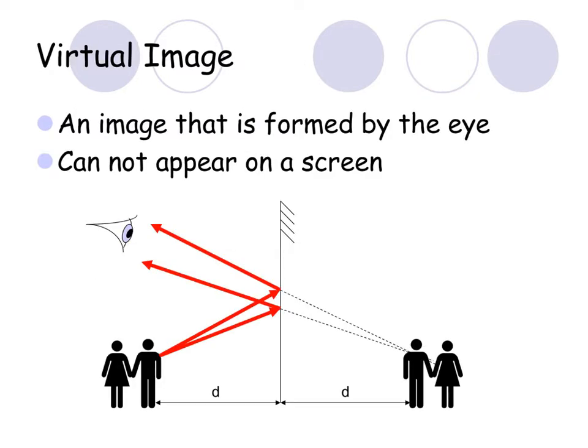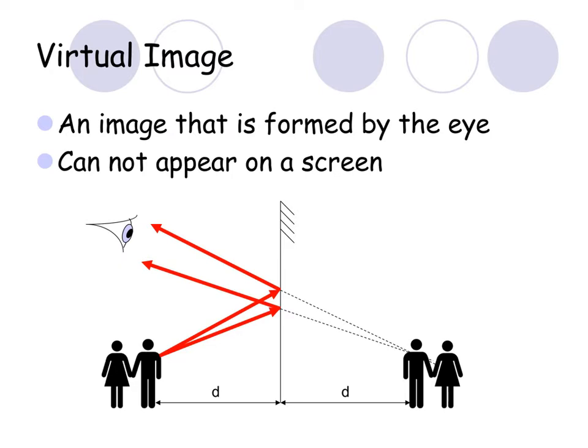Okay, now some proper stuff: a virtual image. A virtual image is one that the eye forms but isn't really there. Now, we are just totally hooked on the idea that light travels in straight lines. So if we look at a mirror, we can't visualize the fact that we're looking at reflected light.